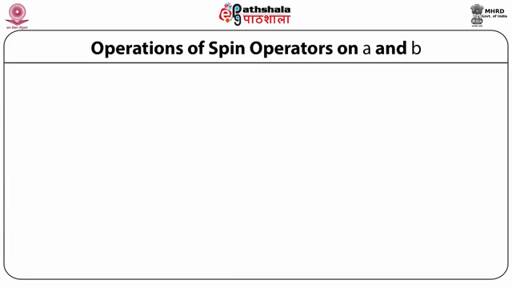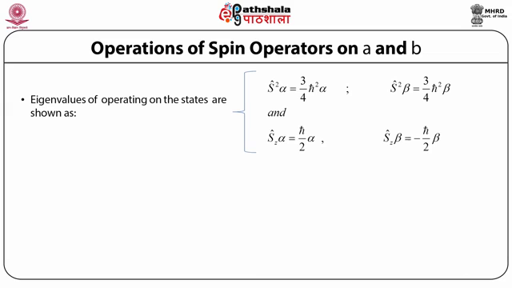Now let us discuss the operations of the spin operators on the eigenstates alpha and beta. Firstly, we would follow a similar procedure as we did for the angular momentum operator. Just like we found the eigenvalues of the angular momentum operators J squared and Jz, similarly here we will find the eigenvalues of the spin operators S squared and Sz.